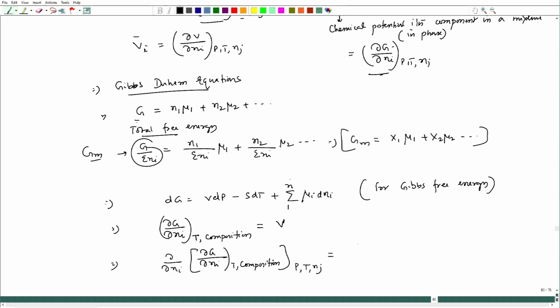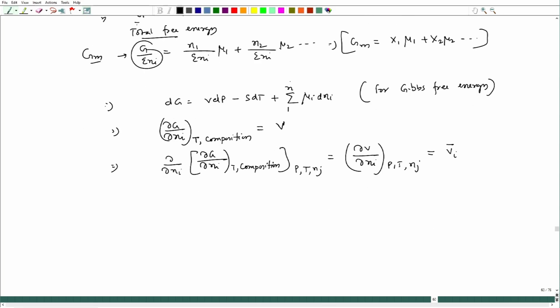So, this would become del V by del Ni at P, T, Nj. All other components are fixed. So, this becomes Vi bar, which is nothing but the partial molar volume of the ith component in a mixture.